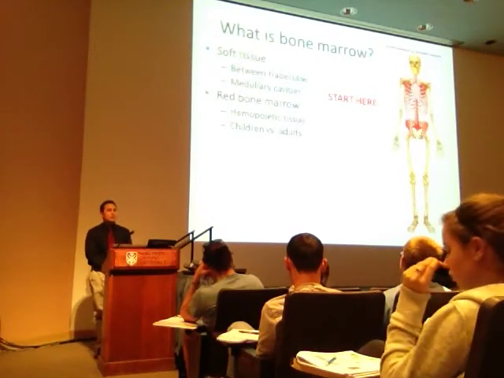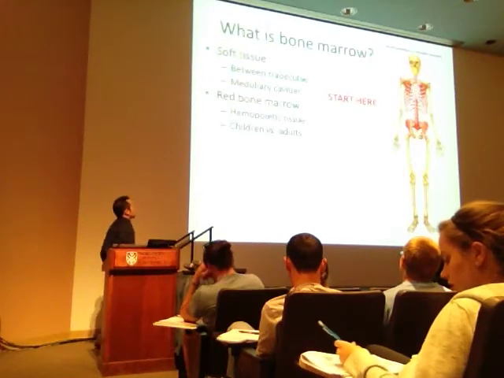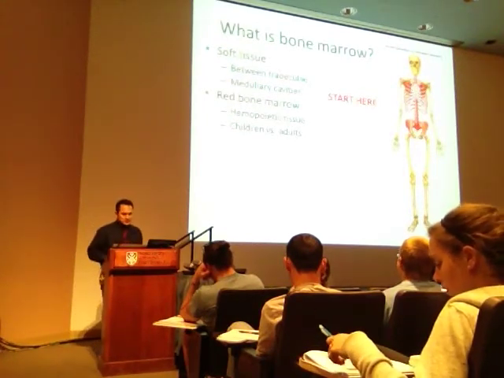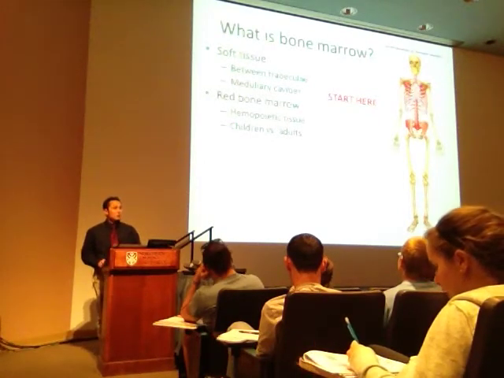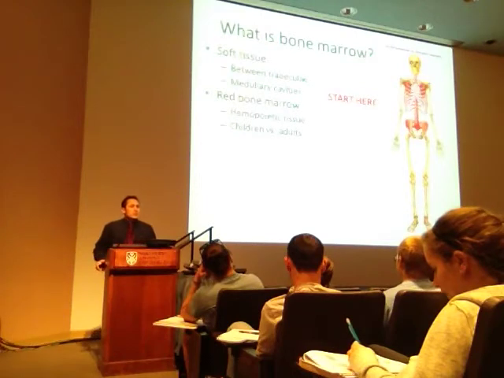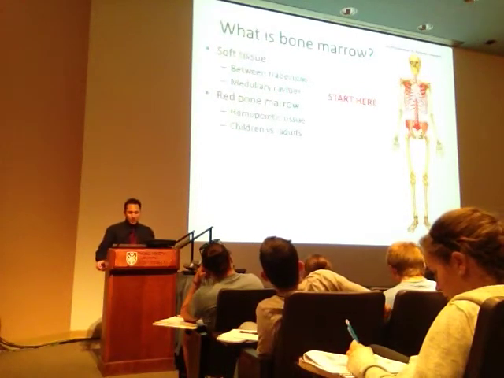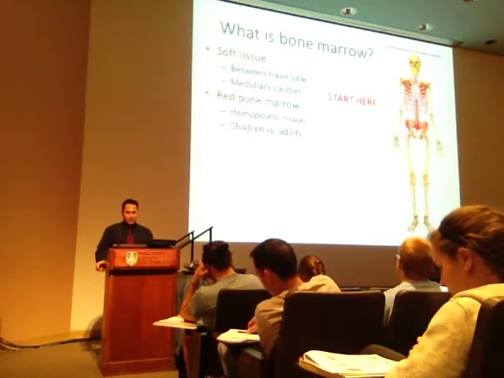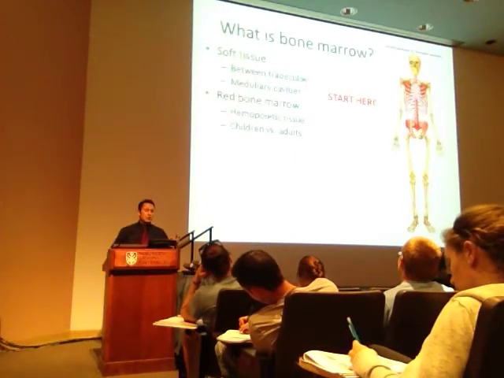This function of bone marrow. Well, it's soft tissue. It's found between the trabeculae, and it's found in the medullary cavities of the long bones. Predominantly in children, you see a lot of the medullary space occupied by bone marrow. We have red bone marrow as a classification, and then we're going to look at yellow bone marrow next.